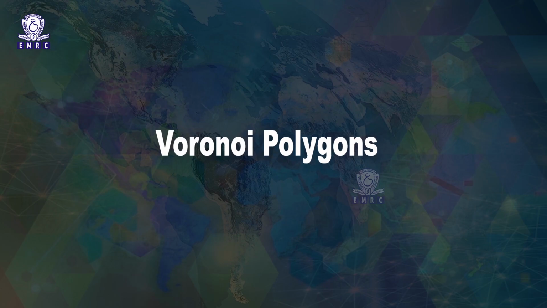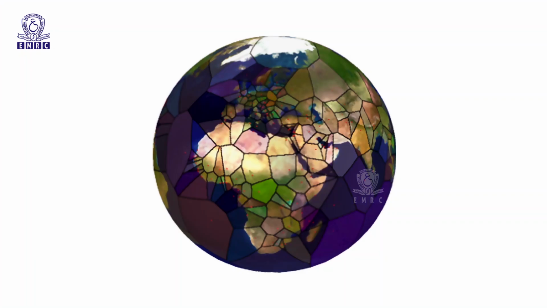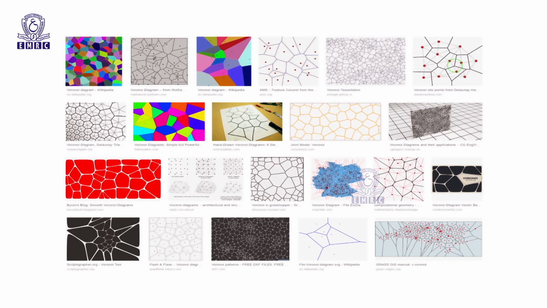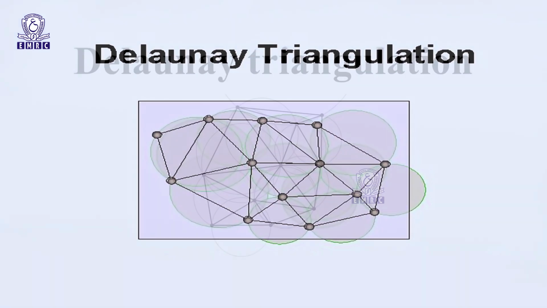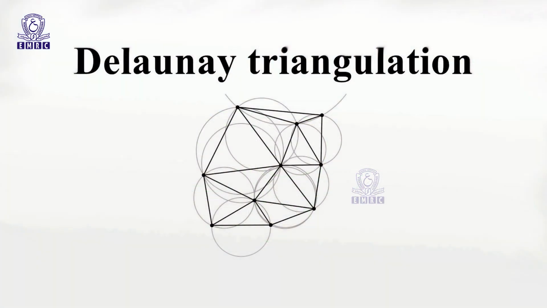Thiessen polygons, also called Voronoi polygons, are used in a variety of applications, especially for service area analysis of public facilities such as hospitals. Thiessen polygons do not use interpolation but require initial triangulation for connecting known points, because different ways of connecting points form different sets of triangles. Delaunay triangulation, the same method for constructing a triangulated irregular network, is often used in preparing the Thiessen polygons.